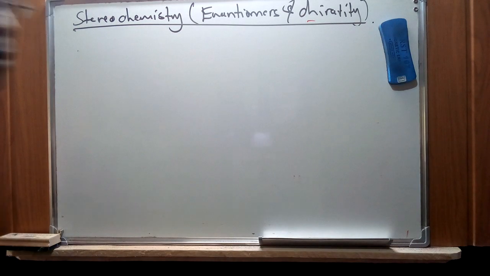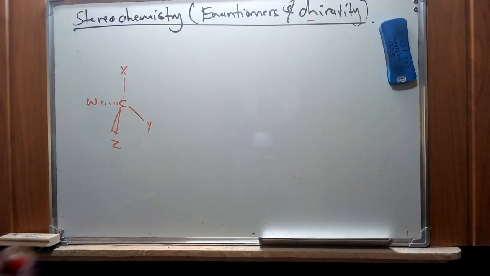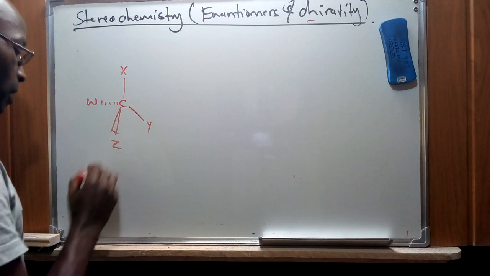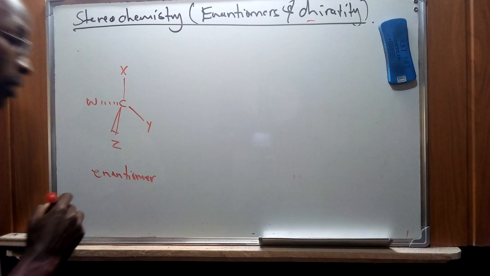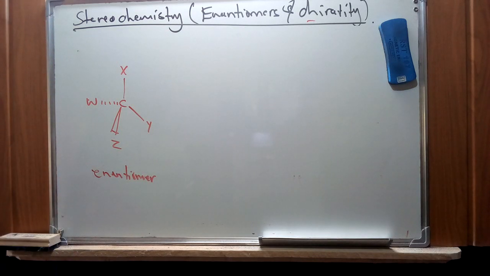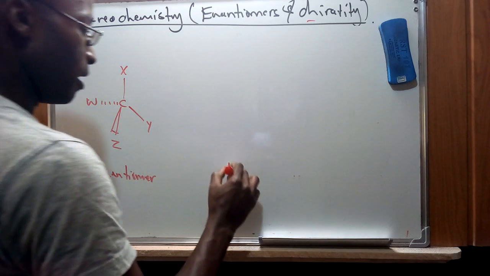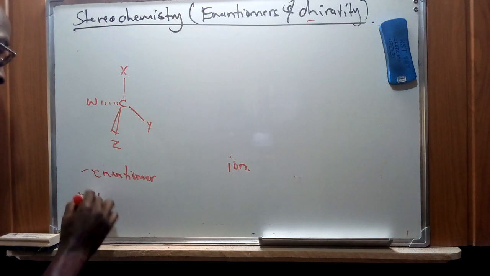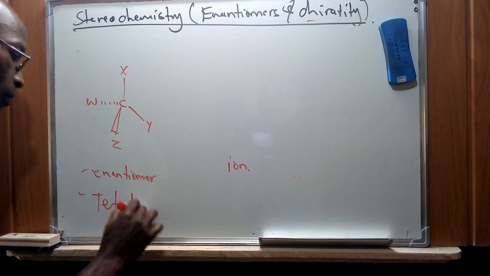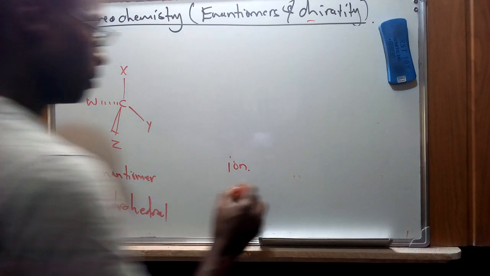I can write that, and I have a small demonstration for that. If we have a tetrahedral molecule of that nature, then we can refer to this one as an enantiomer, because it cannot be superimposed upon its mirror image. Suppose we have a molecule. Suppose we have an ion. Of course, this ion is going to be tetrahedral, just like this molecule.